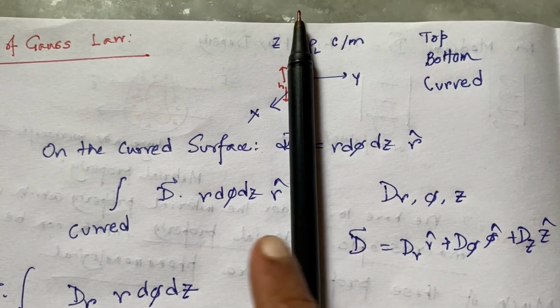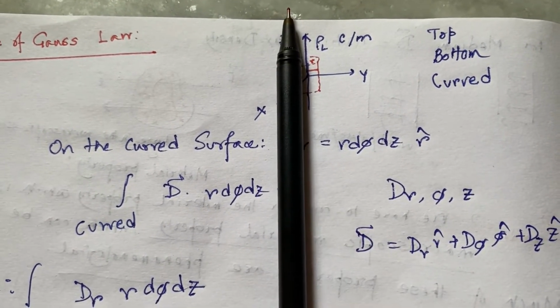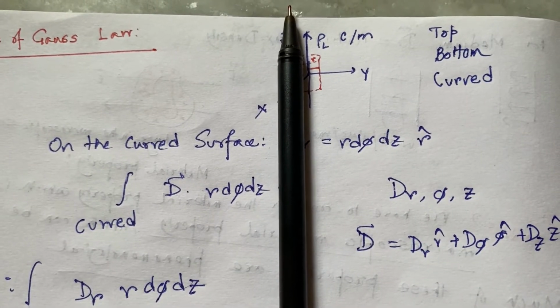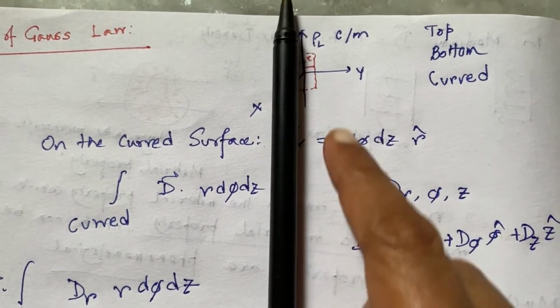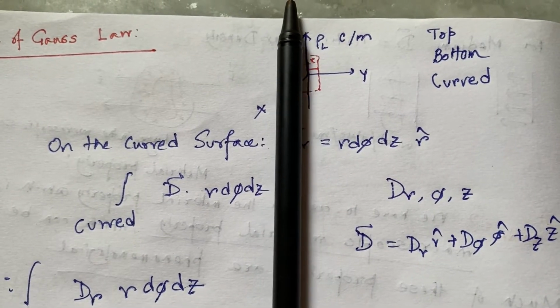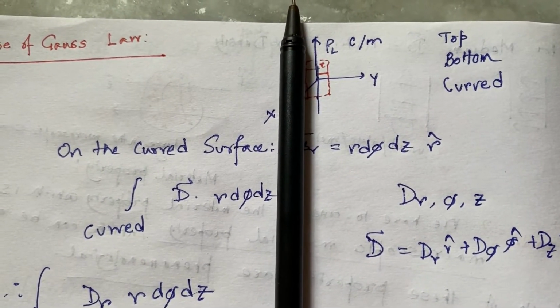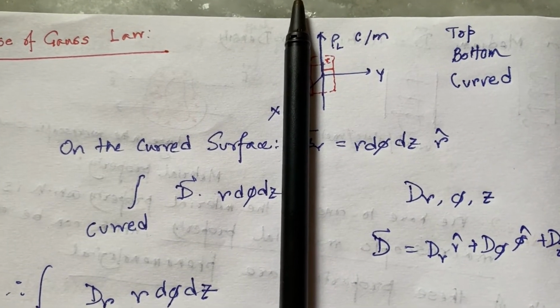If we move along the direction of variation of phi, I will find the same charge distribution. Also, if we move along the z-axis upwards or downwards, I can find the same charge distribution. So it is also symmetric along the z-axis.